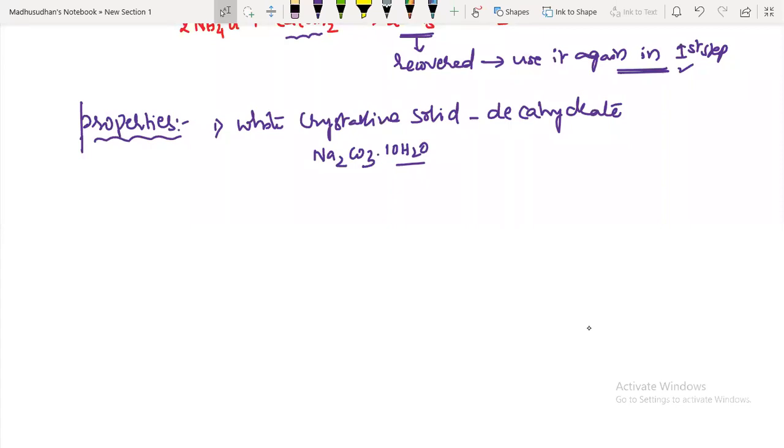It is also called washing soda because it is readily soluble in water. I'll write here: readily soluble in water.